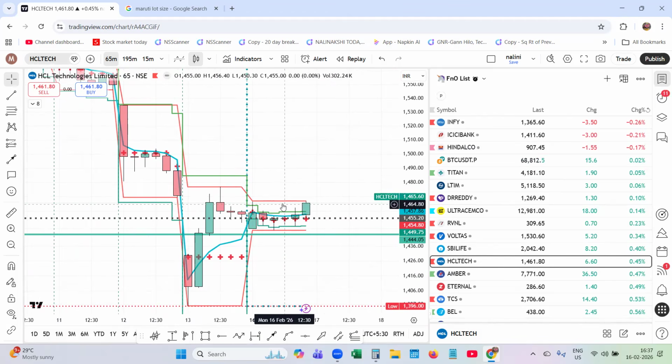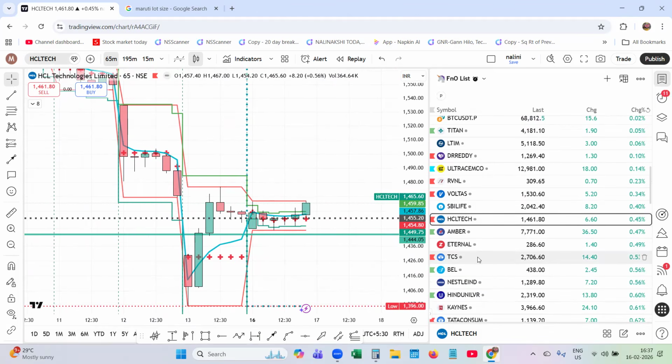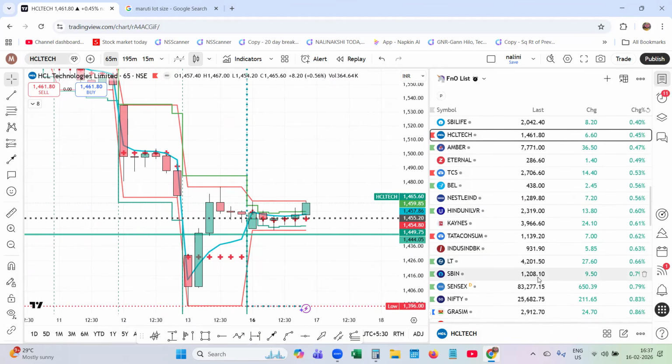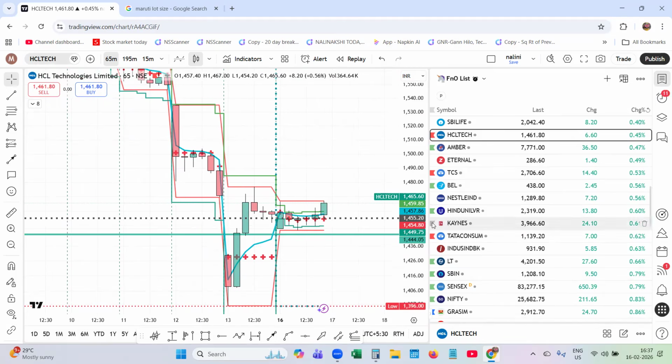For tomorrow, technology stocks may be under radar. HCL Tech, you can keep it. TCS, you can keep it, Infosys. These are the stocks you can keep in your watch list, and you will be prepared for tomorrow's trade. Like that, you can quarantine, and also the corresponding call option.